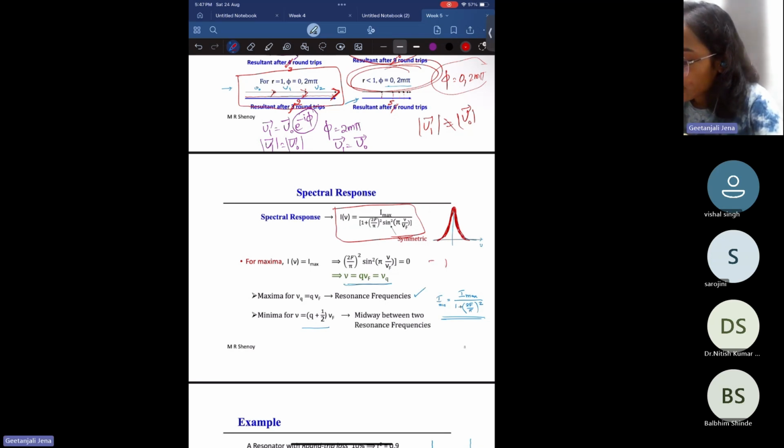Now I think we have discussed Imax first. For I nu equal to Imax, the second term is 0. That means 2f square sine square of pi nu by nu f equals 0.